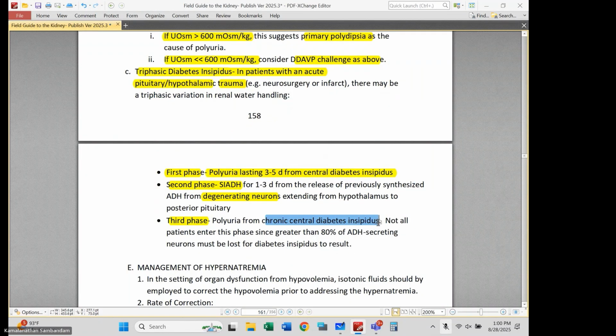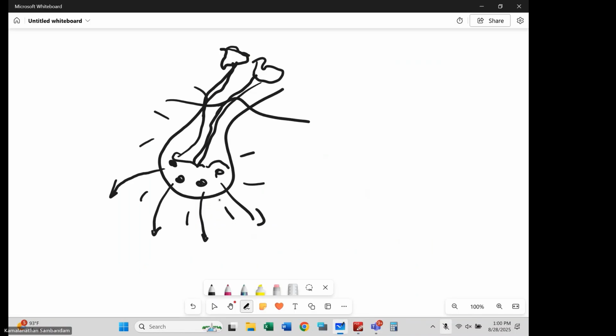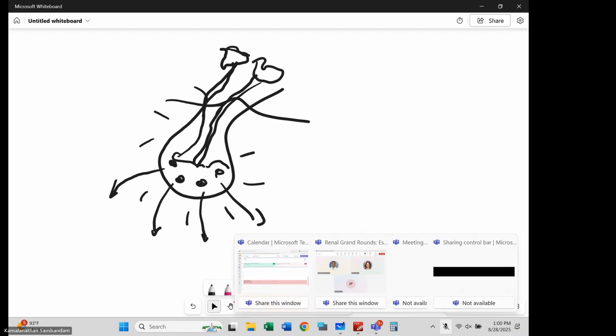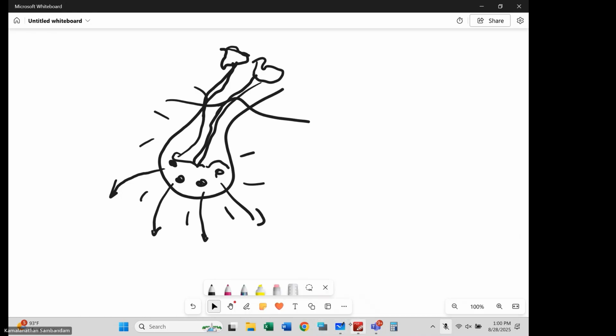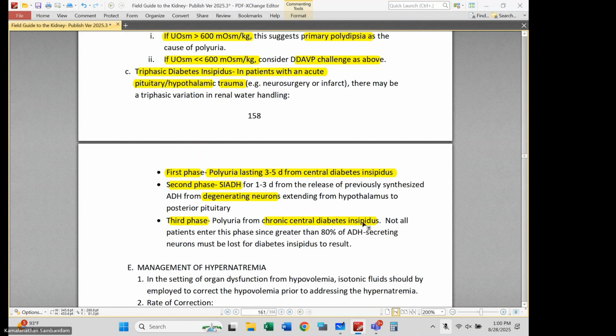And then comes the chronic phase. As this is exhausted, I'm no longer having any preformed vasopressin to release, and now I have the vasopressin deficiency that is manifest in the chronic phase as a diabetes insipidus. Okay, now this is not always manifest.